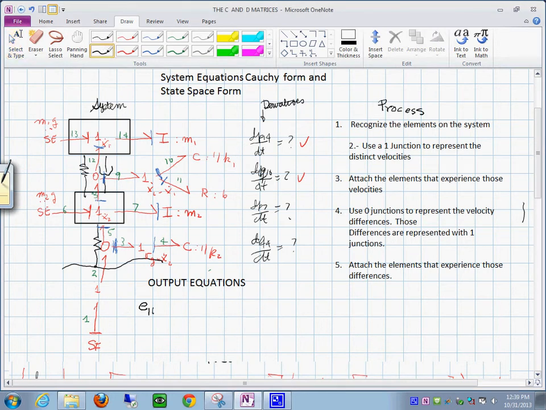I could find E10 just like I found the differential equations. It turns out that E10 is very easy because it's 1 over C sub 10 times Q sub 10. This is the equation of this output. And there could be other equations for the other outputs that might be a little bit more involved than this.